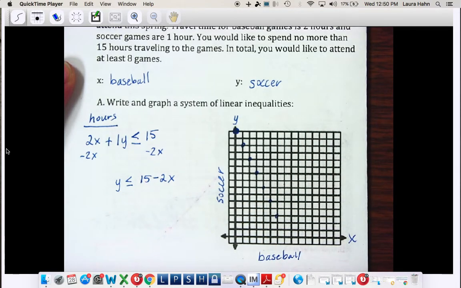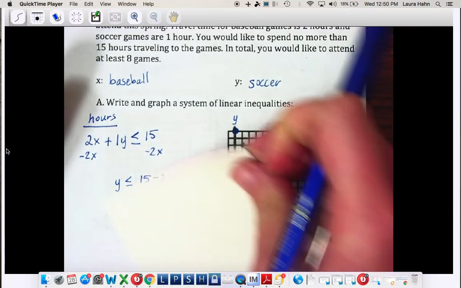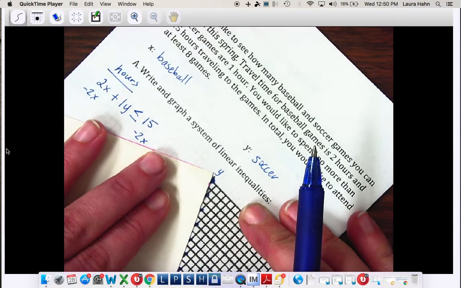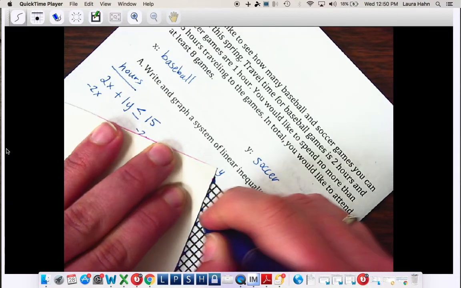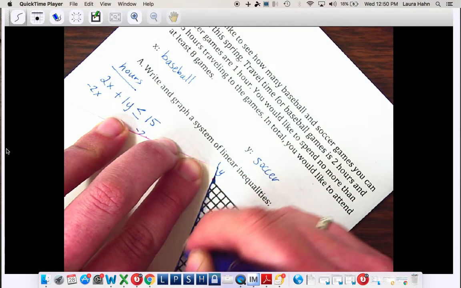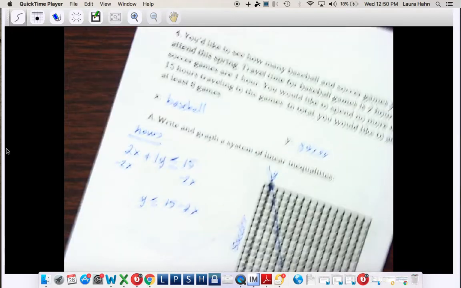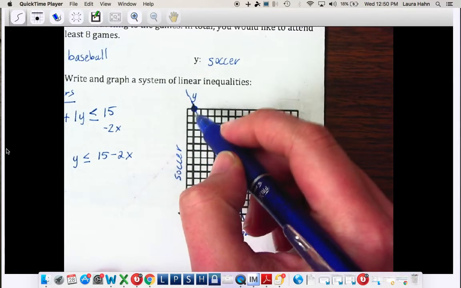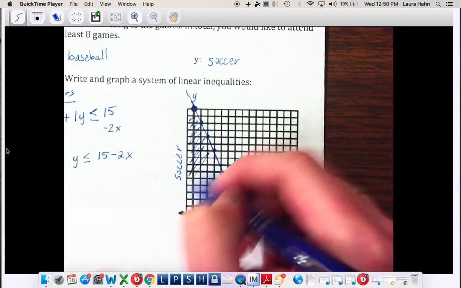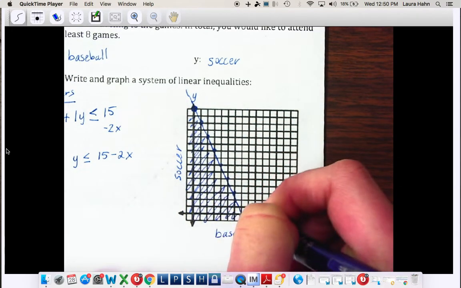I have the or equal underneath my inequality, so I want to use a solid line to connect these. That is a less than symbol, so I'm going to lightly shade underneath my blue line.